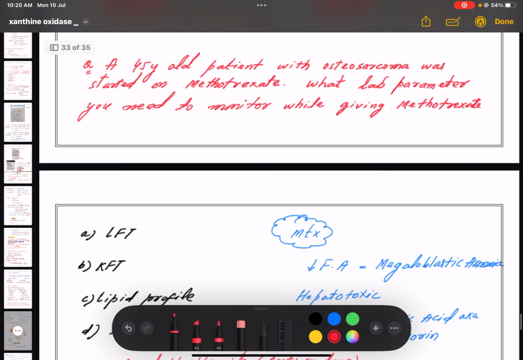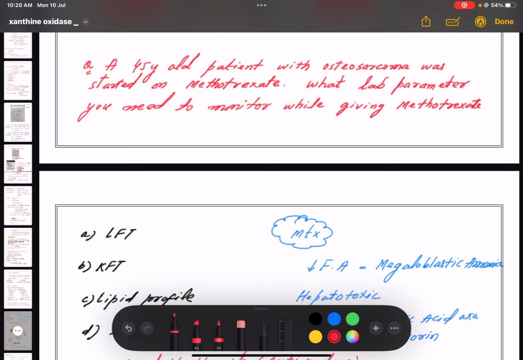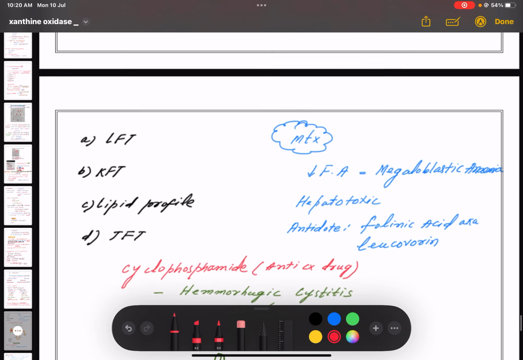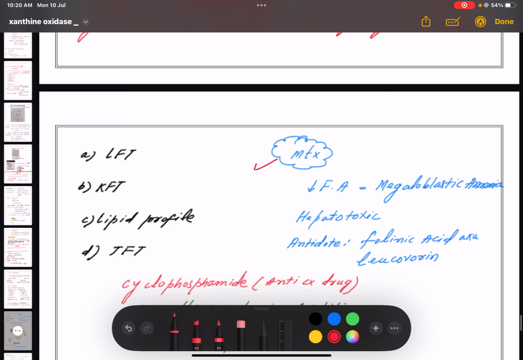Now let's see this question. A 45-year-old patient with osteosarcoma was started on methotrexate. What lab parameter you need to monitor while giving methotrexate? See, methotrexate decreases folic acid, therefore can lead to megaloblastic anemia.